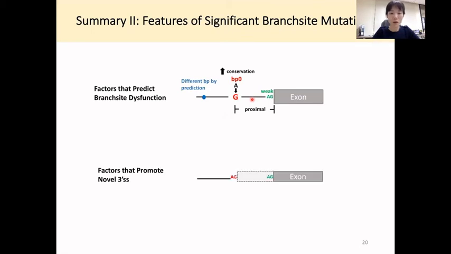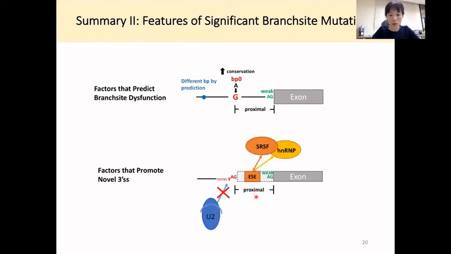On the other hand, if we have a novel AG in the intron, then what are the features that promote the novel AG? First, this novel AG is very canonical. It has a polypyrimidine tract with a Y in front of the AG. It's a very good splice site. And the canonical AG is weak. It's a close mutation, and it no longer base pairs with U2.